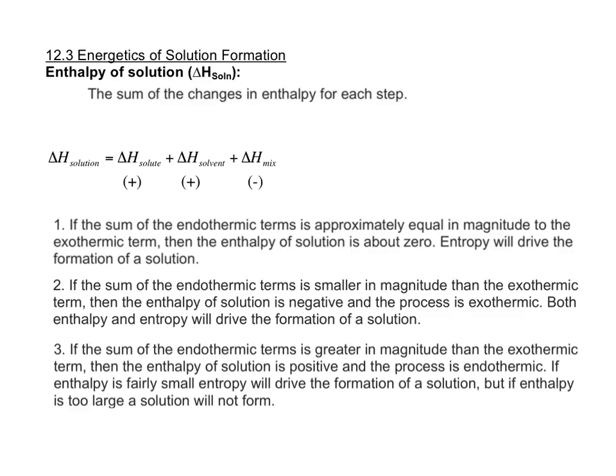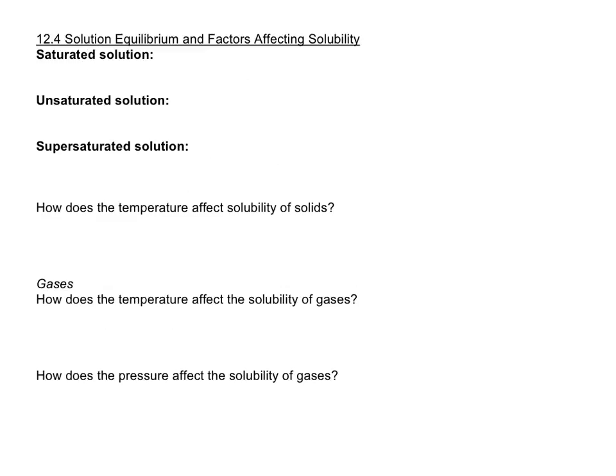So one example of this is sodium chloride. If you dissolve table salt in water, you'll find that it gets cold. It's an endothermic process, but the delta H of mixing is exothermic enough that it will still happen because it's not a huge change in enthalpy.